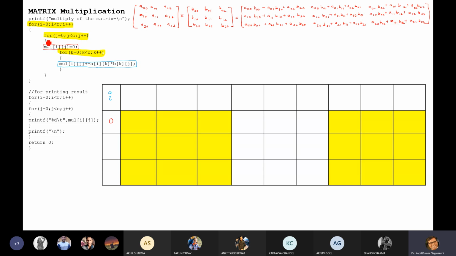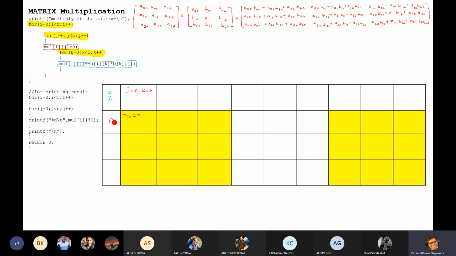And for this i, what is given here? This for loop is given for j equals to 0. j equals to 0 and k equals to 0. Up to this, i equals to 0 and j equals to 0. What will happen? For i and j, this is given as m ij, which is m00, equals to 0, and it will be initialized.